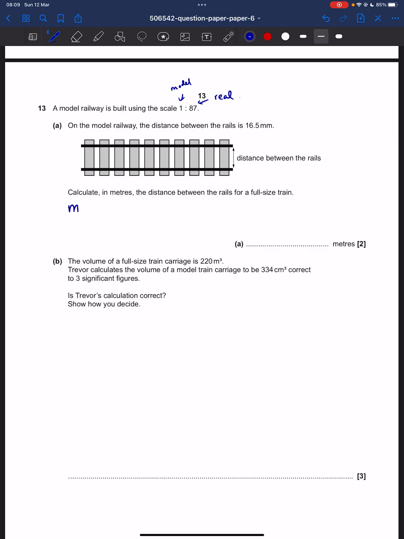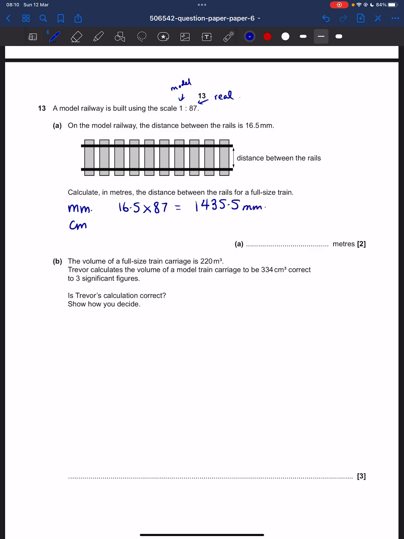So in millimetres, we've got 16.5 times 87 for the real life gap between the rails, which is 1435.5 millimetres.